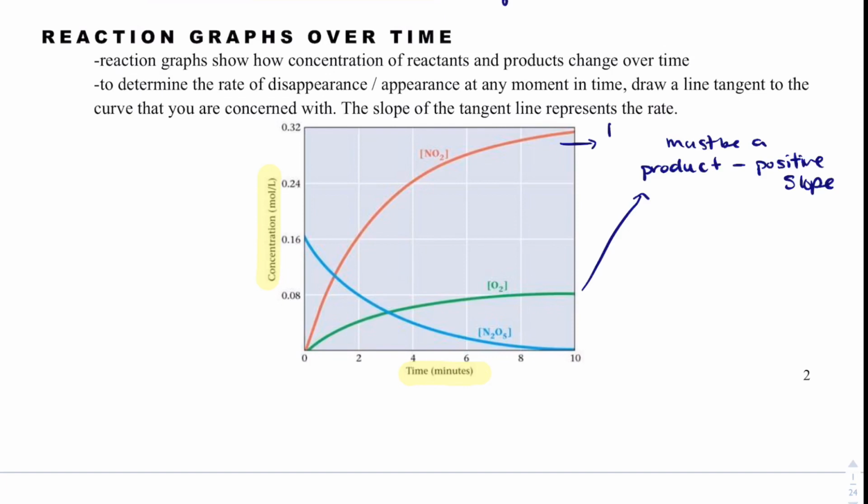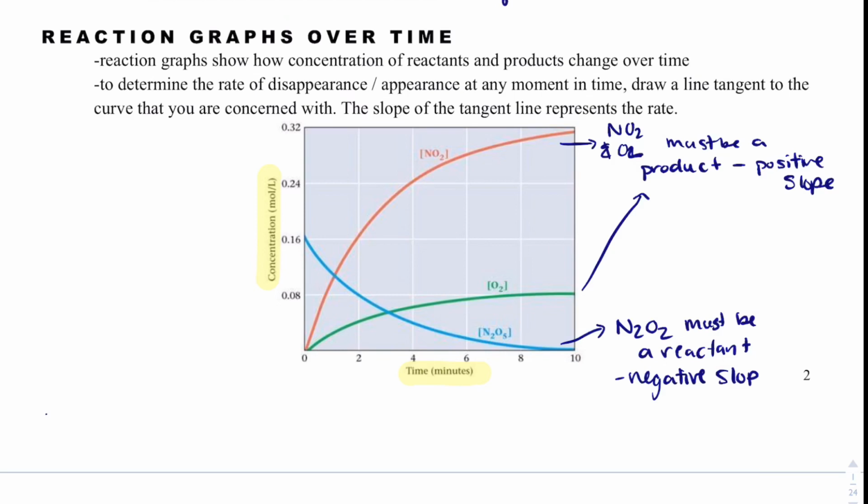So I could change this to NO2 and O2 because they both have positive slopes, whereas N2O5 must be a reactant. The way I know that is that that blue line is going down, meaning it has a negative slope.